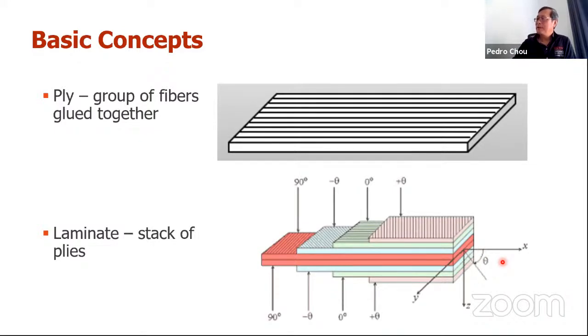So in a finite element analysis, you basically define a material, and then you define a 0-degree orientation for your material. And then based on this 0-degree orientation, each ply could have a different theta angle, and that angle defines the orientation of your ply.